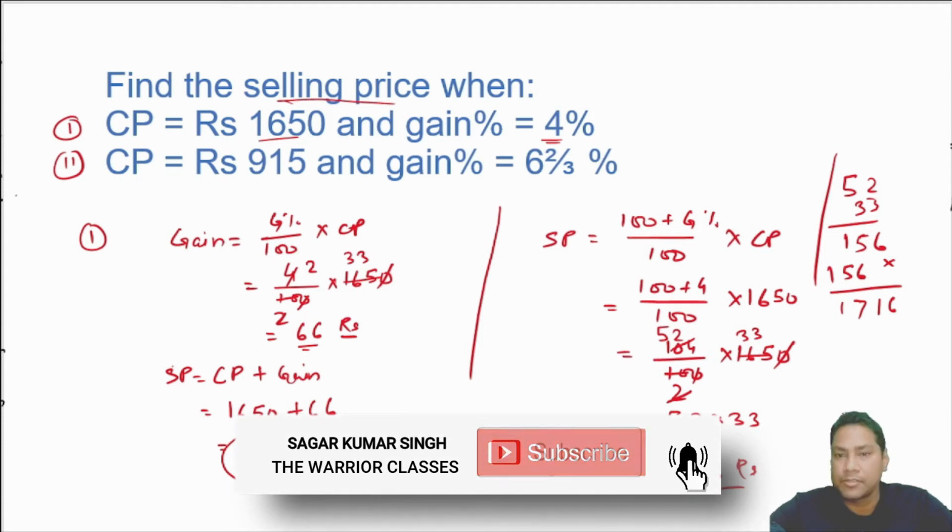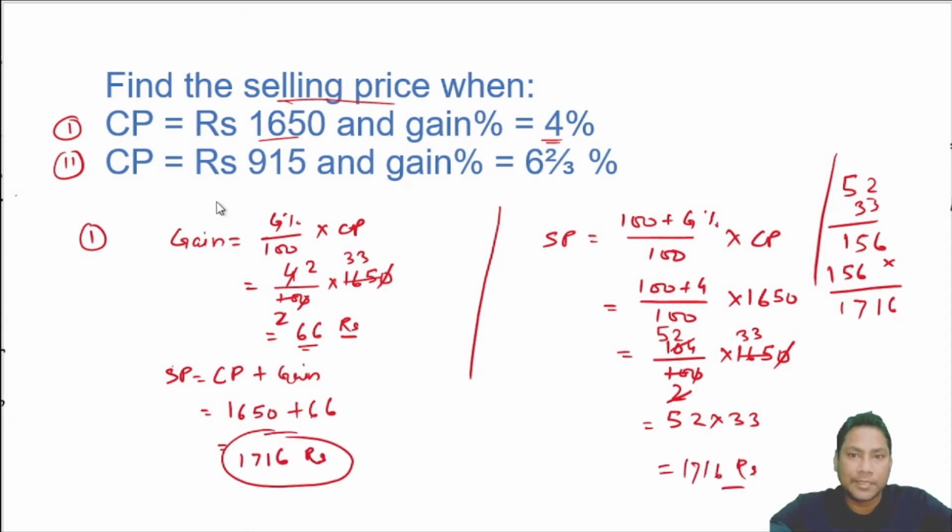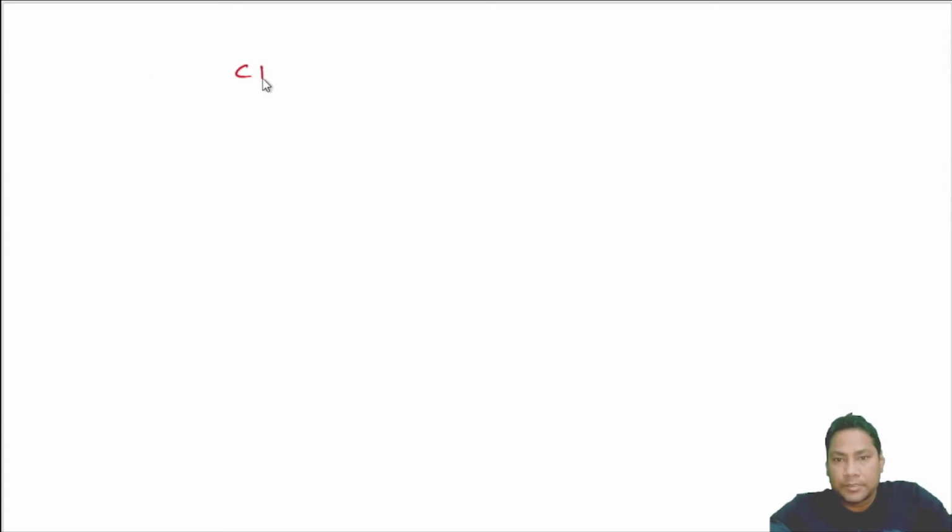Now we will solve the second question. Let's move to the second question. In the second question, they have given cost price of 915 and gain is 6 2 by 3 %. First of all, we will convert this fraction.